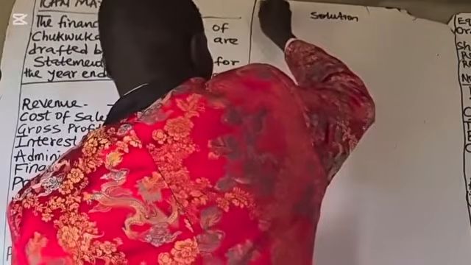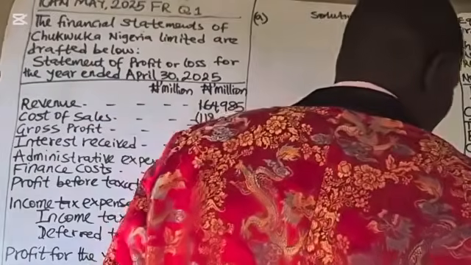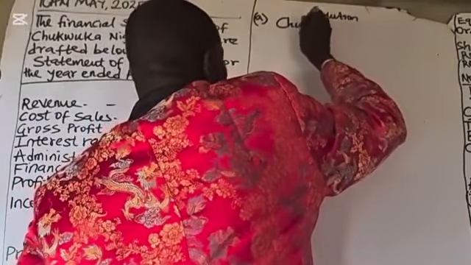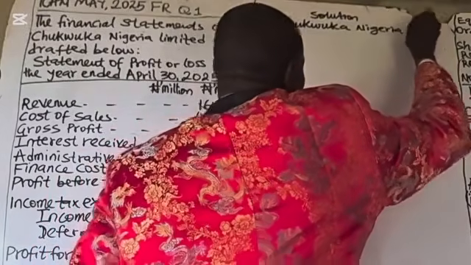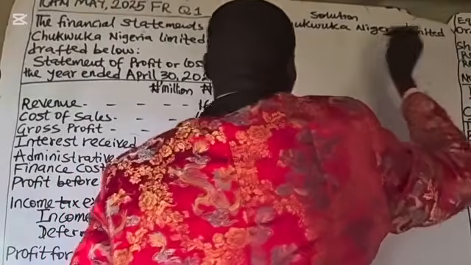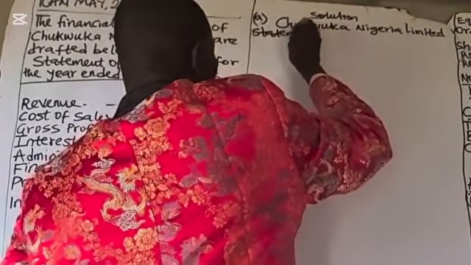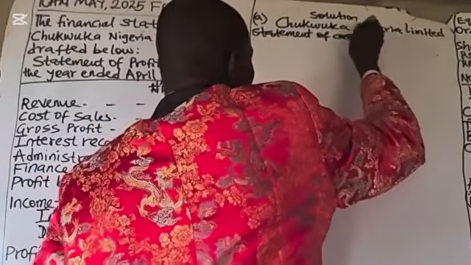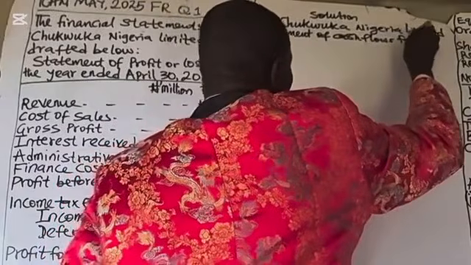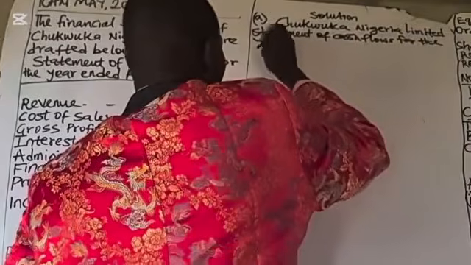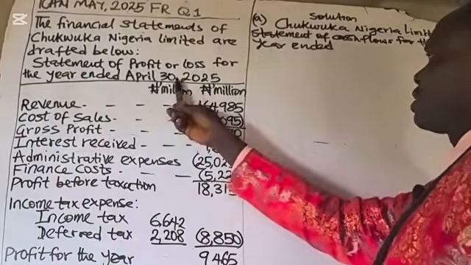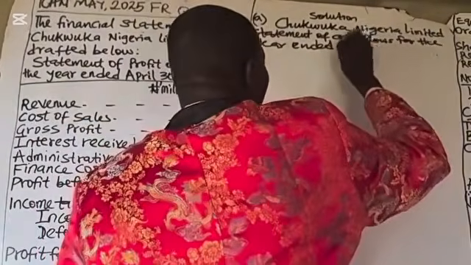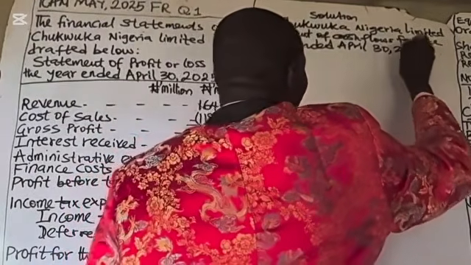In the first requirement, that is requirement A, you have to prepare a statement of cash flows for Shukuka Nigeria Limited, for the year ended April 30, 2025, which is the year end of this entity.